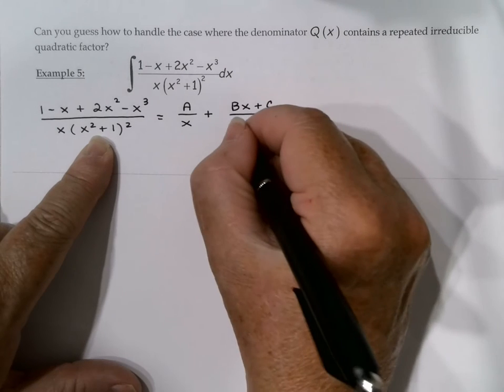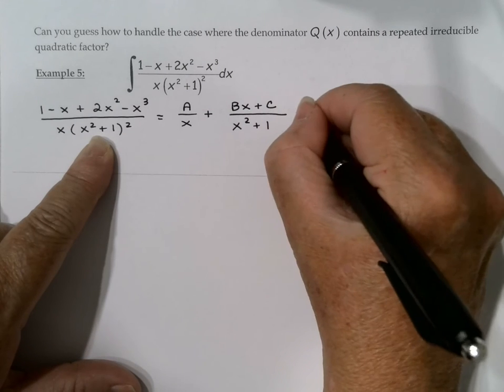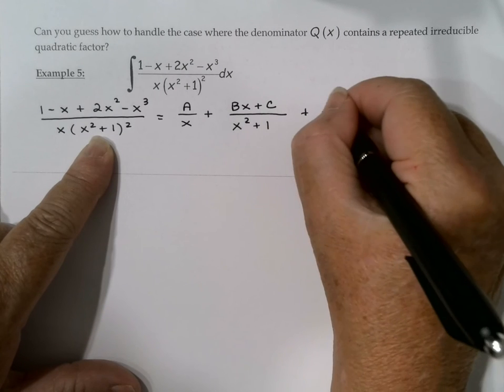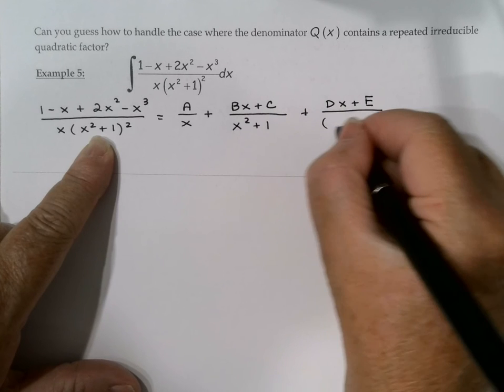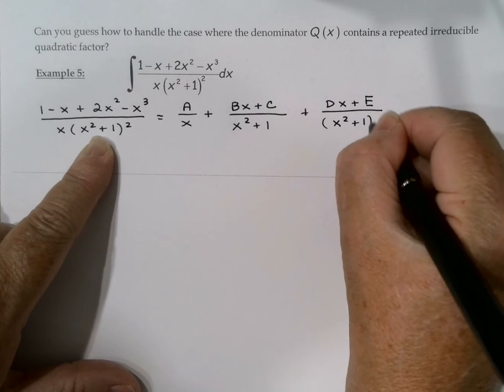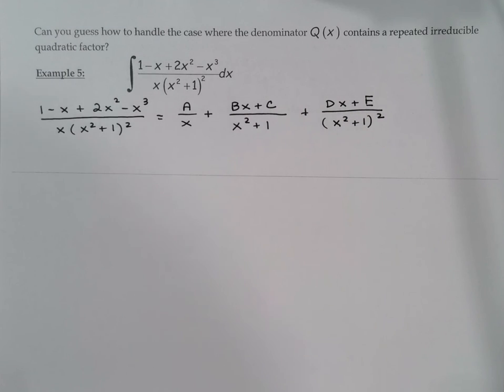I'm going to start with x squared plus 1 just to the first power, and then I'm going to add another term. I'm up to Dx plus E now, with the x squared plus 1 to the second power. So, lots of variables to solve for this time.